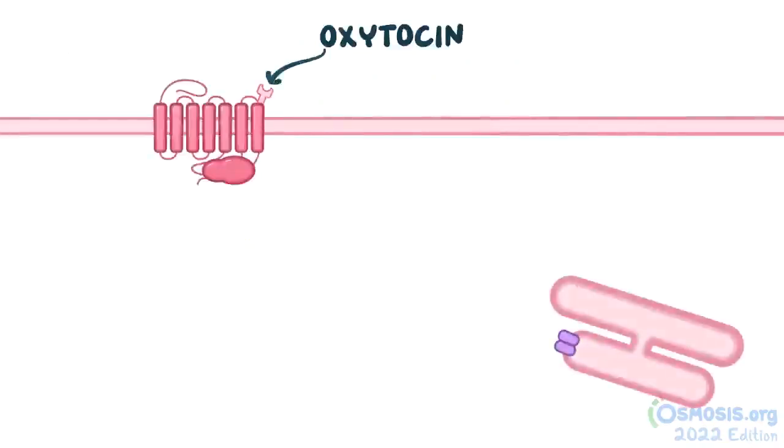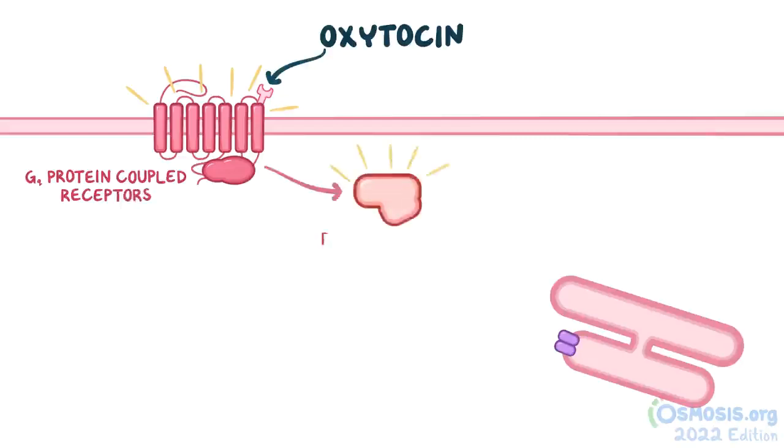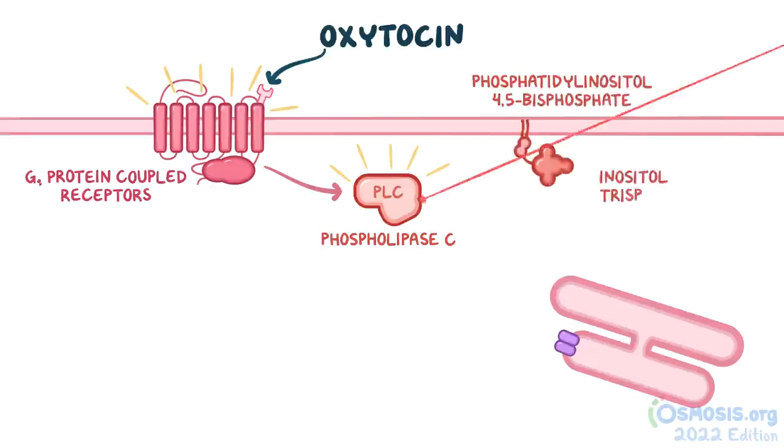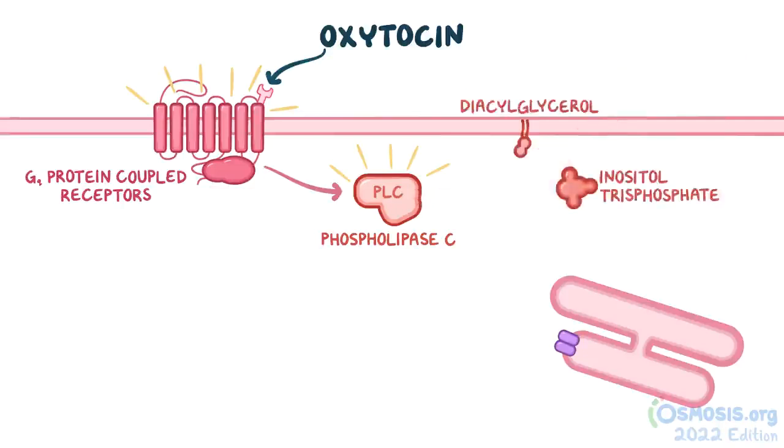This medication activates GQ protein-coupled receptors, which activates the enzyme phospholipase C, or PLC for short. PLC then cleaves a phospholipid called phosphatidylinositol 4,5-bisphosphate into inositol trisphosphate and diacylglycerol.